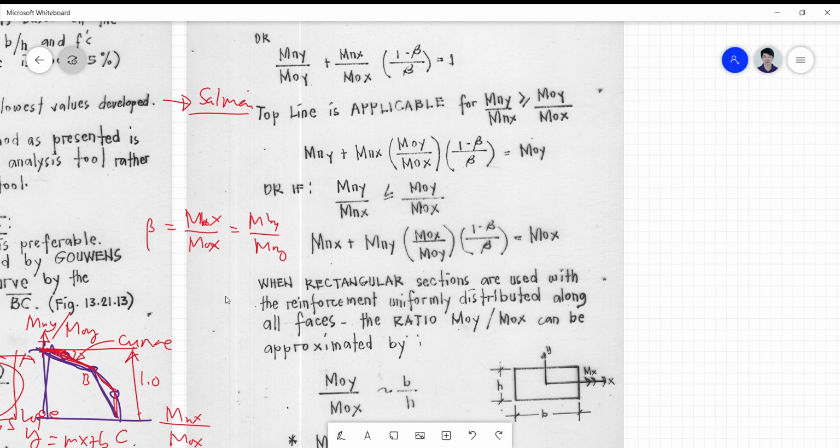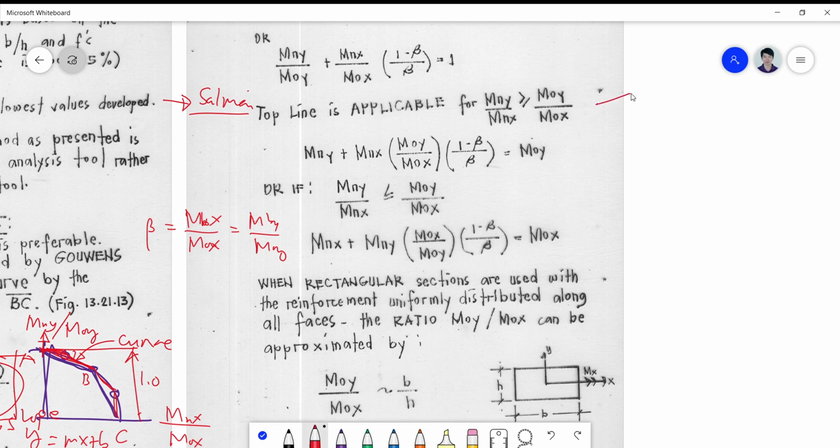So the top line is applicable for MNY over MNX greater than MOY over MOX. If it is less than, then you use the bottom line. So this is now your conditional statement in your program. O baka pa-program ko sa inyo ito, you simply use this as your conditional statement.